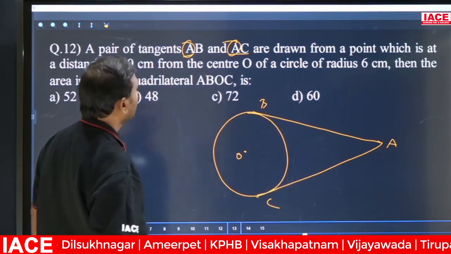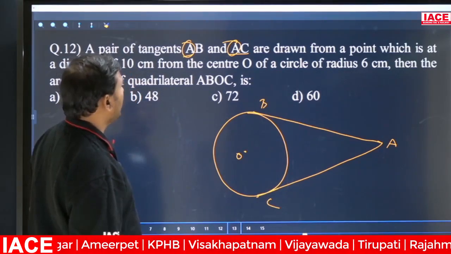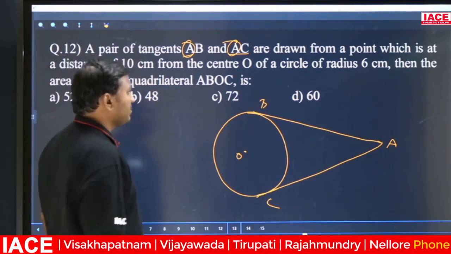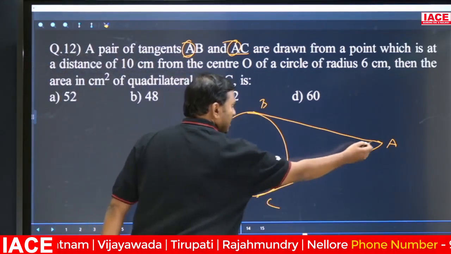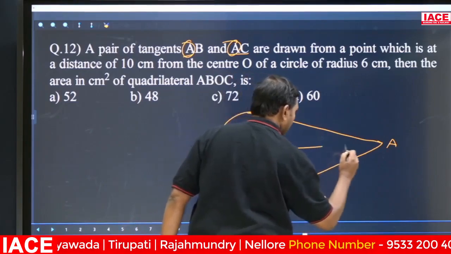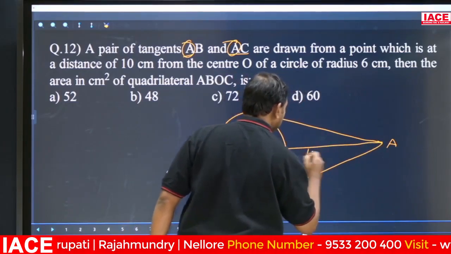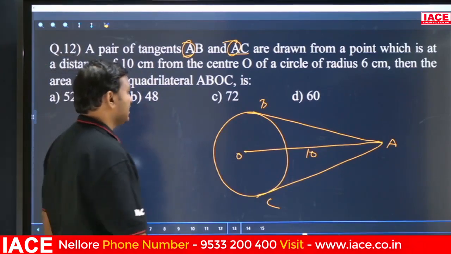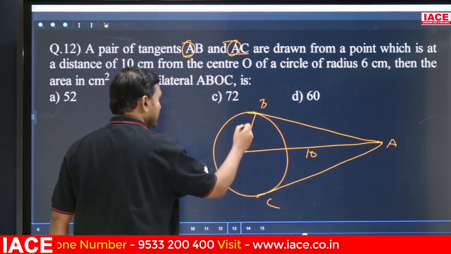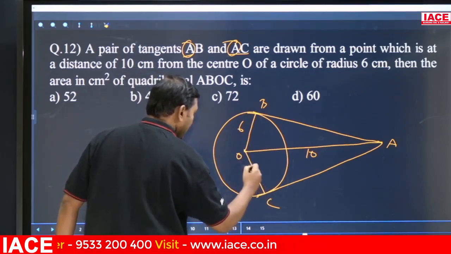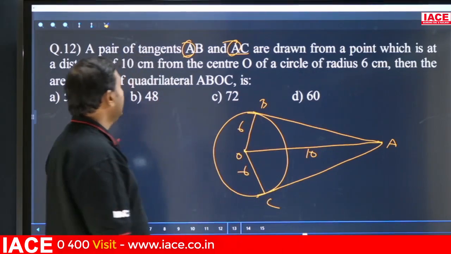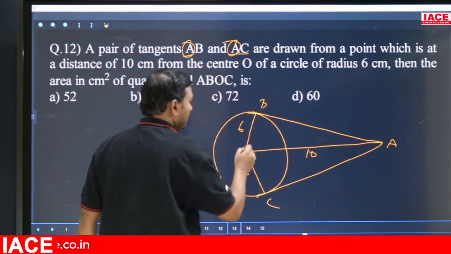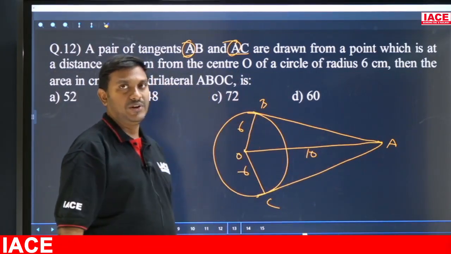It is drawn from a point which is at a distance of 10 centimeters from the center. The distance from the center to the point of intersection is 10. If the radius of the circle is 6, find the area of the quadrilateral ABOC.